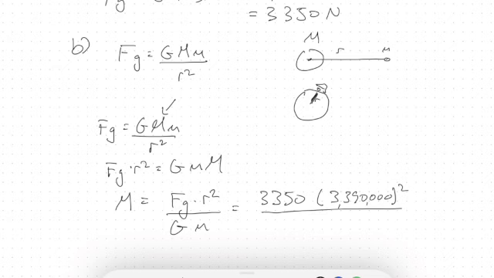Wow. Divided by big letter G. I'm just looking that off my computer. You should have your formula sheet. 6.67 times 10 to the negative 11, some crazy number, times what? The mass of our rover, 899.